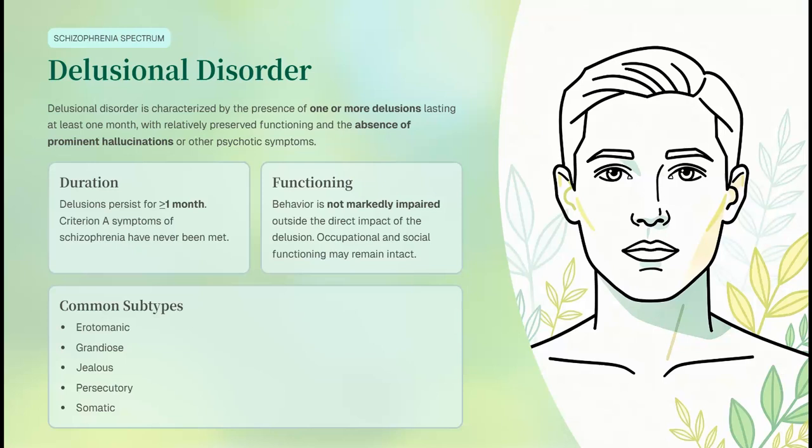Or jealous, where there's this unfounded belief that the partner is unfaithful. There is no evidence to support that. But the patient thinks, I know my wife is cheating on me. I know it. She took an extra 5 minutes to get home from work because she had to stop and see her lover.